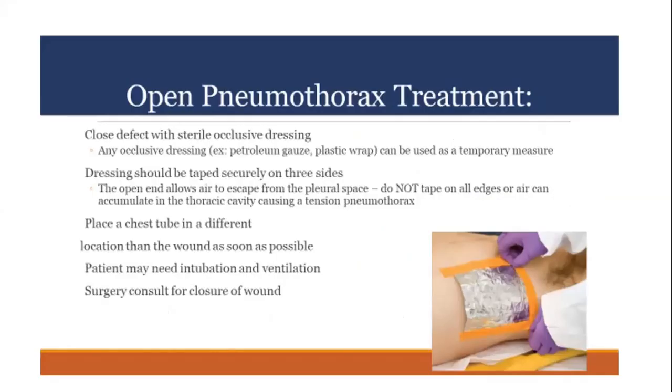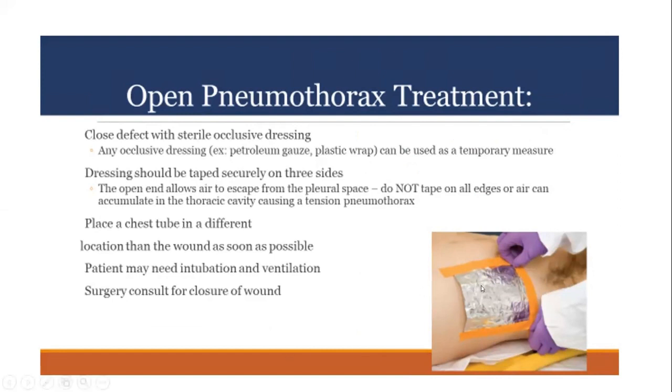An open pneumothorax is detrimental because it creates a situation of a one-way valve where you suck in air and it escapes, and you do not maintain intrathoracic pressures. So we have to put an occlusive dressing so that when inspiration happens, the chest bellows out and we close up this defect.